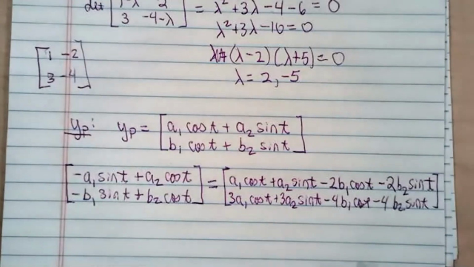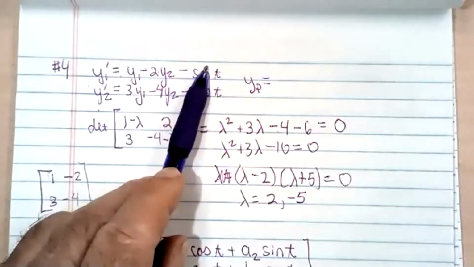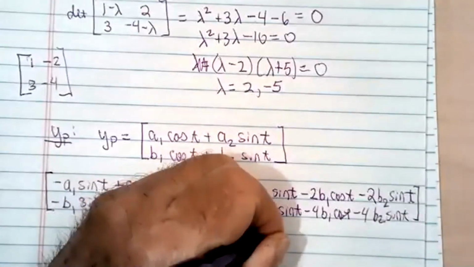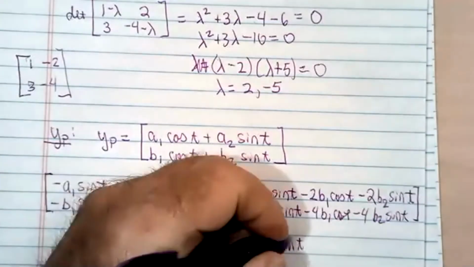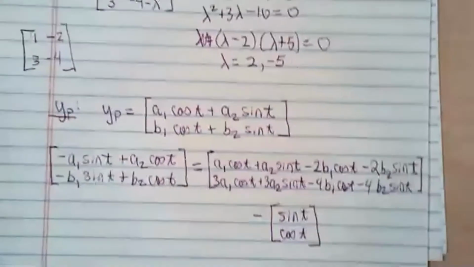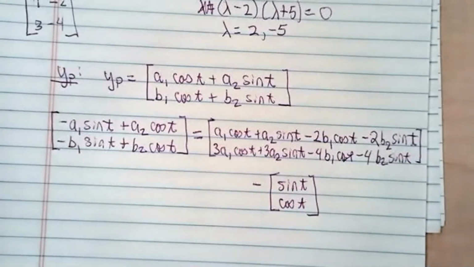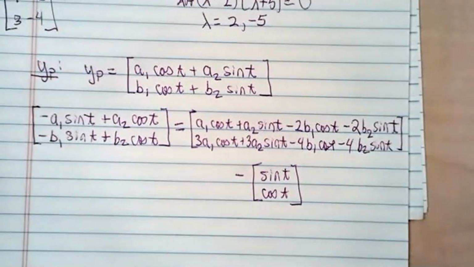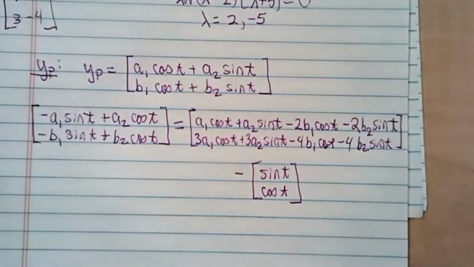And then there's yet another term on this. We have to subtract the vector sine t, cosine t. So this equals this minus that. Oh, good heavens. All right, well, let's start putting these pieces together.